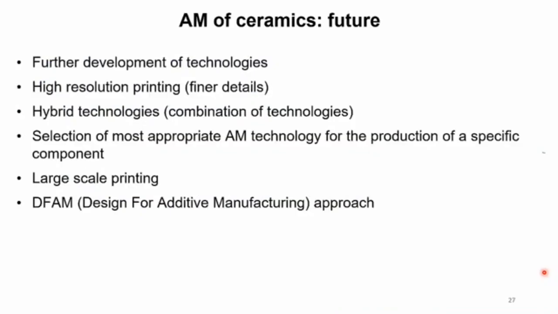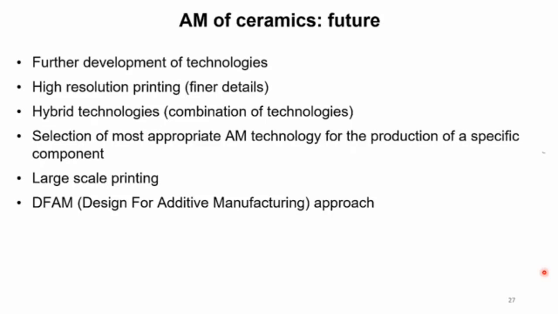It should be noted that there is a continuous development of technologies. For instance, now people are developing technologies that allow you to have multi-material production. People are working on making continuous printing. People are working on being able to add not just short fibers, but also continuous fibers to generate ceramic matrix composites.